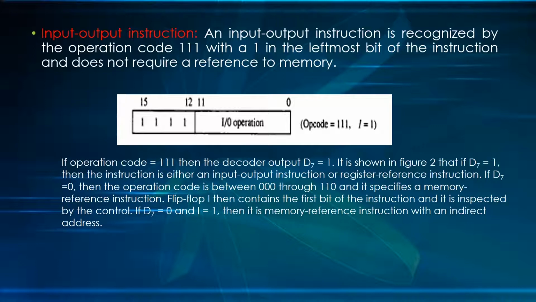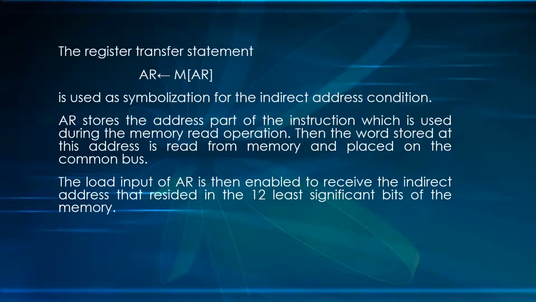If D7 is equal to 0 and I is equal to 1, then it is a memory reference instruction with an indirect address. The register transfer statement AR ← M[AR] is used as symbolization for the indirect address condition. AR stores the address part of the instruction which is used during the memory read operation.